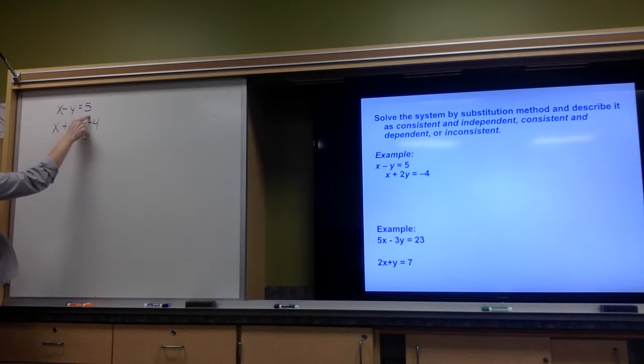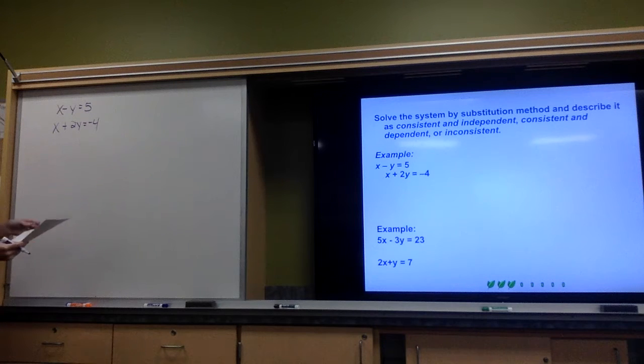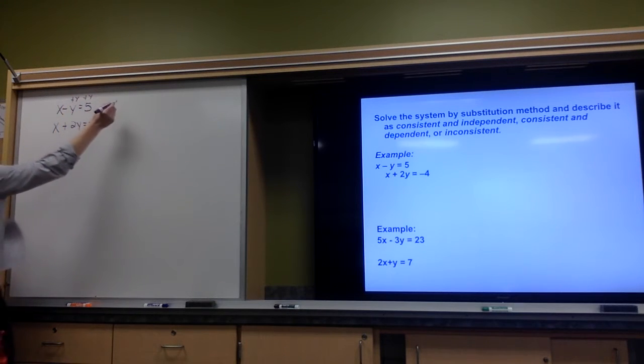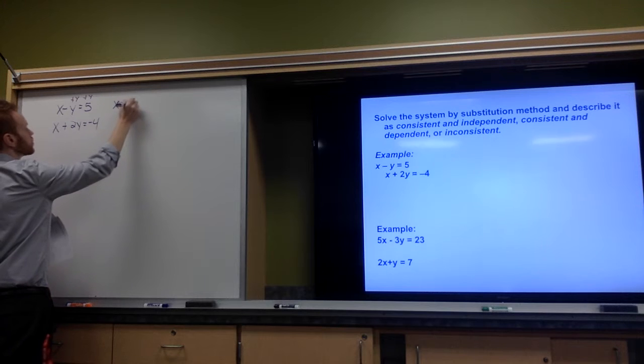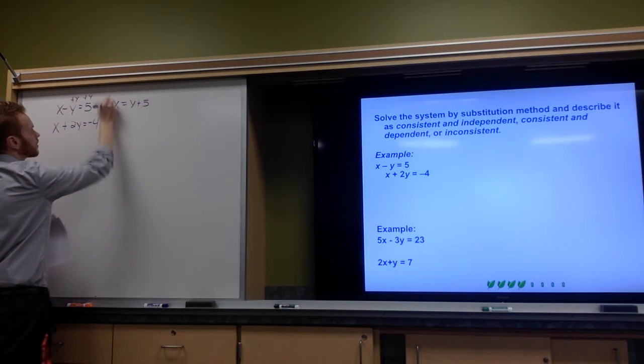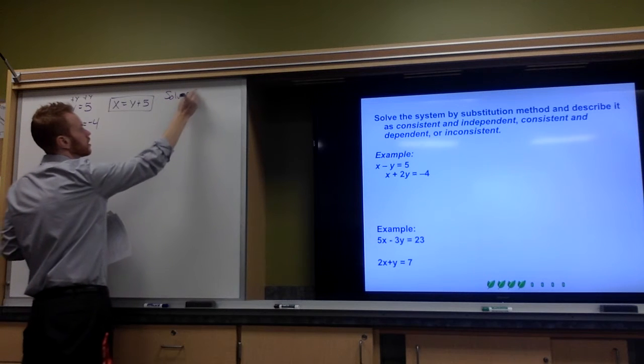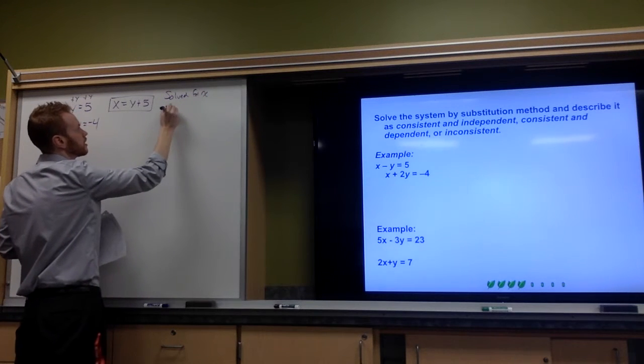I could add y to the other side and solve for x. Once again, there's more ways of solving it than just my way, so we're going to do that. We're going to add y to both sides. So x is equal to y plus 5. So we solved for x.